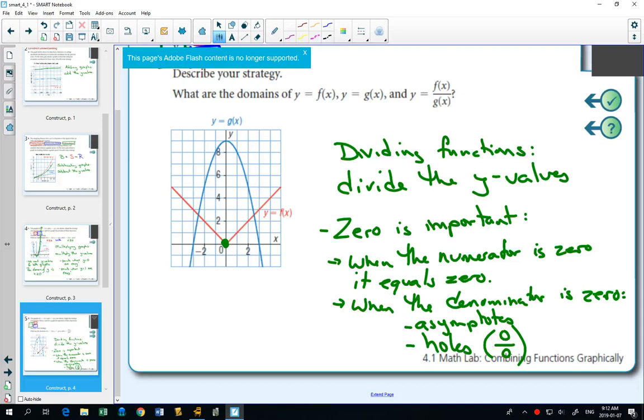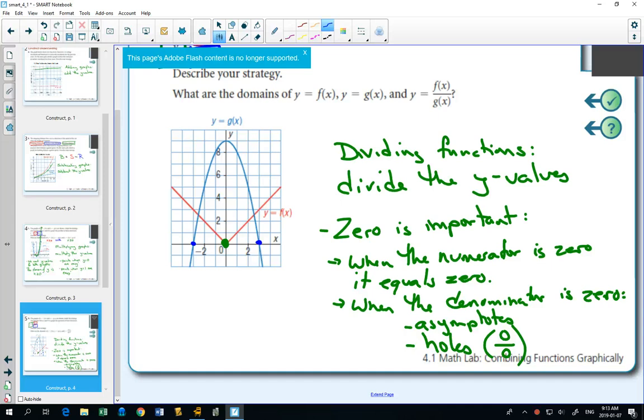Because in order to have a hole, you need to have a factor that is the same and cancels out. And so in this graph, my blue graph is 0 at 3, and it's 0 at -3. Does it make sense that if you factored that blue graph, you would have an x plus 3 and an x minus 3 as factors in order for that to work out perfectly?